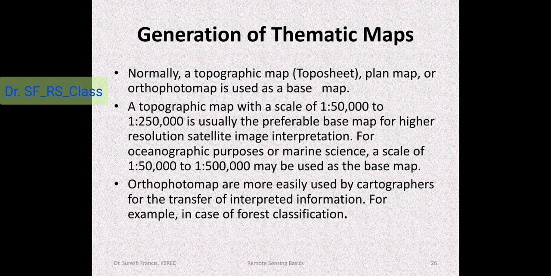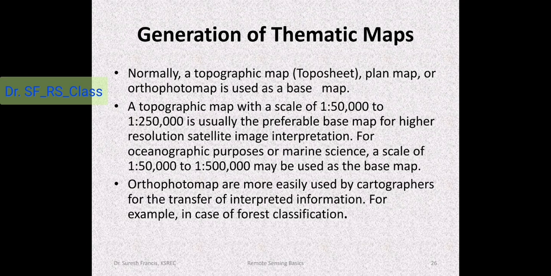Orthophotos can be used as a base map, plan maps can also be used as a base, and over these you can overlay your interpreted information, so that the location information is there in the base map with the road network.